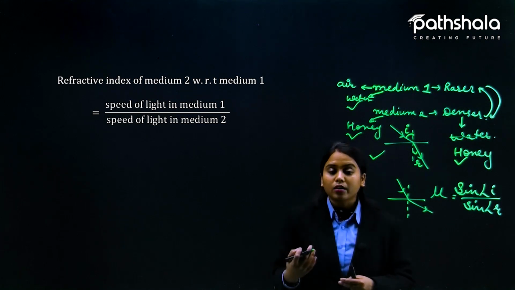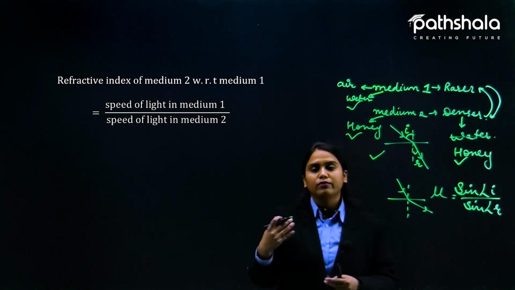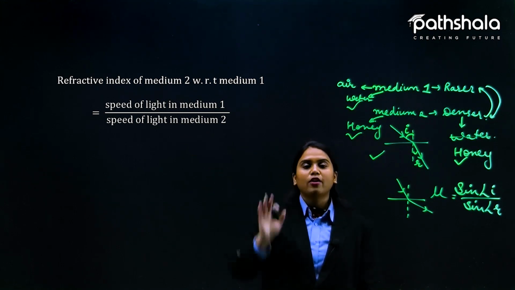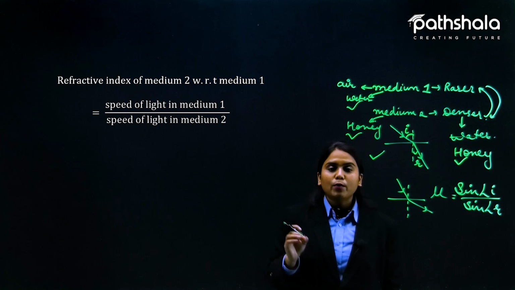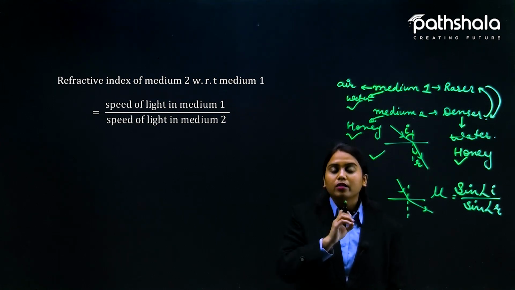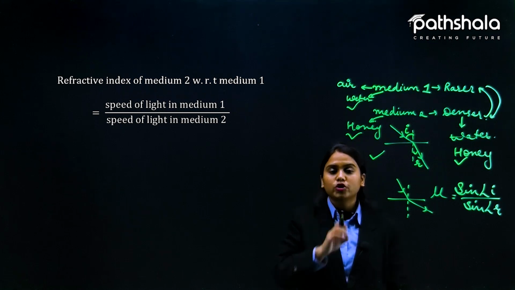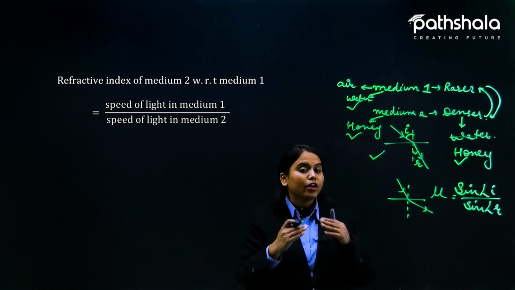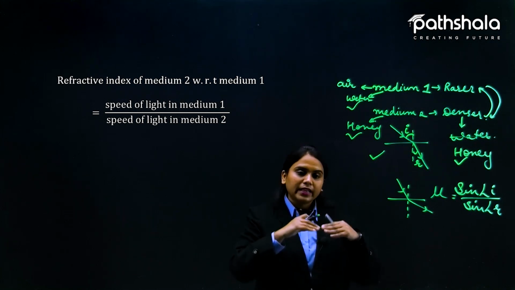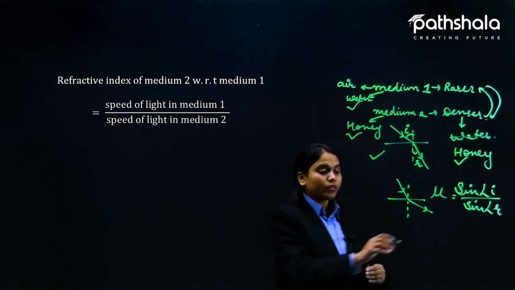But there is another easy method to find the refractive index of one medium according to the speed of light. So here we want to find the refractive index of medium 2. Whatever you want to find out, students, make sure that you keep the speed of that medium in the denominator part.